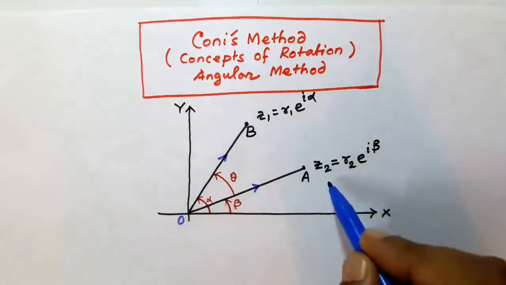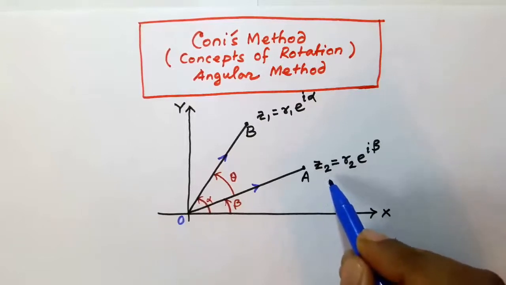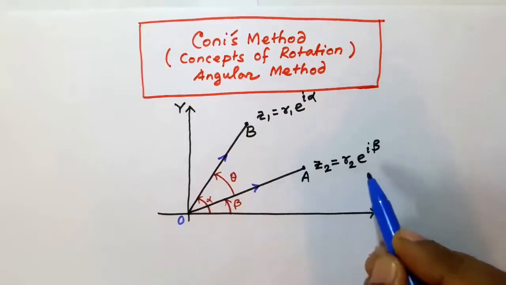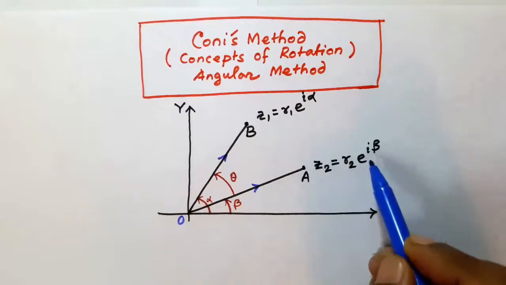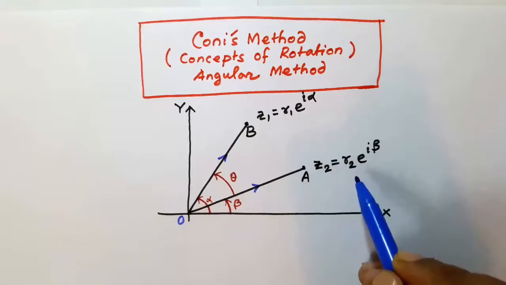Now here you see that the point A whose position vector is Z2 is equal to R2 e to the power I beta, where the magnitude of this vector Z2 is R2 and the argument is beta.